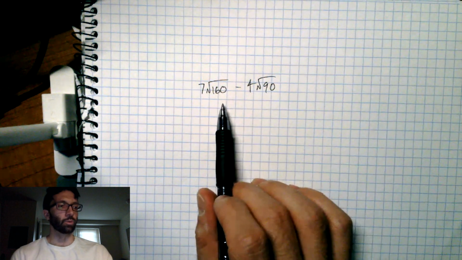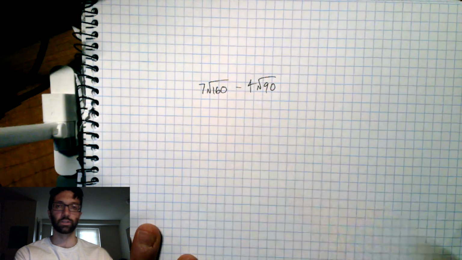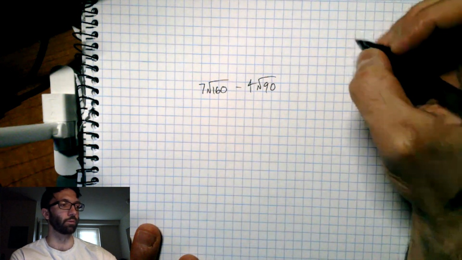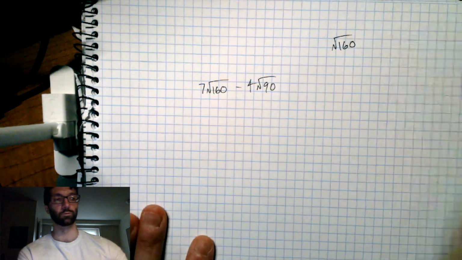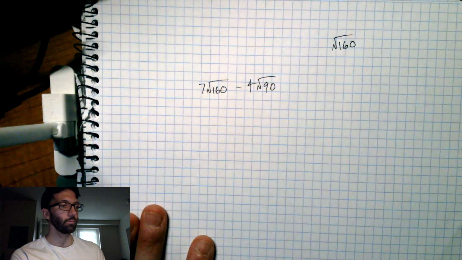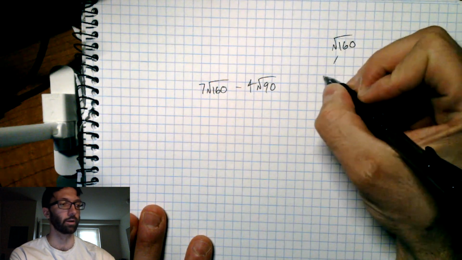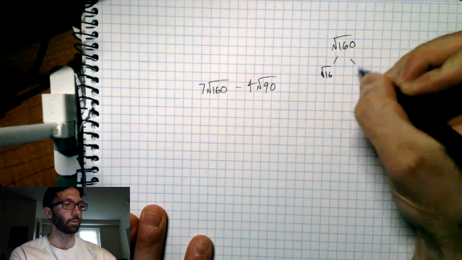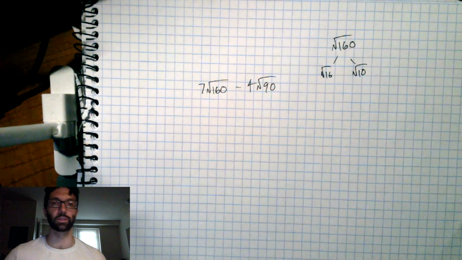So just like the last one, I'm going to go ahead and simplify my radicals and see if I can get them to match. So I will first simplify root 160, and 16 happens to be the largest perfect square that goes into 160, and 16 times 10 gives me 160.